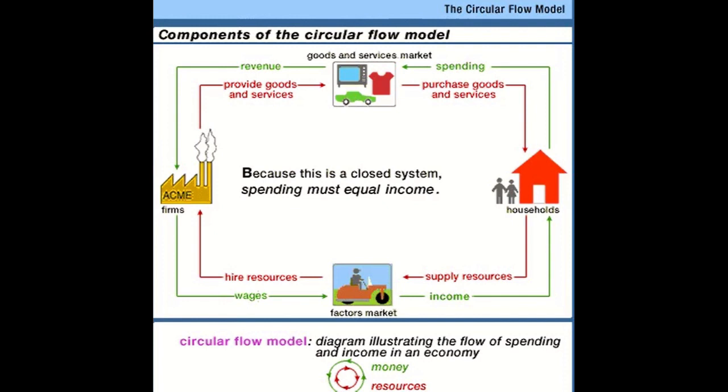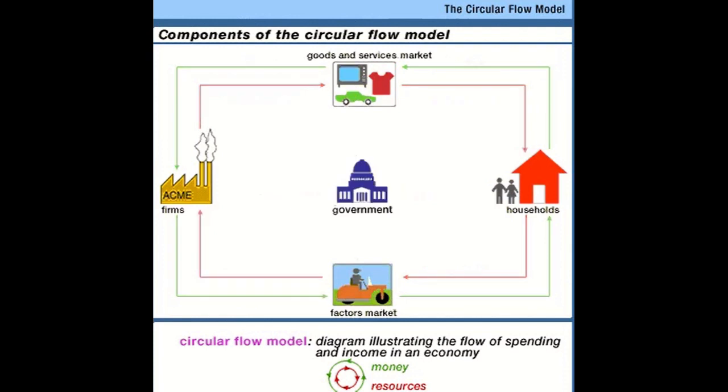First of all, the government buys goods and services from the goods and service markets, and the government hires factors of production like land, labor, and capital in order to run the government, hires them from the resource markets. The government pays money to its employees and other people who sell it factors of production, and the government pays money for the goods and services that it purchases to run the government.